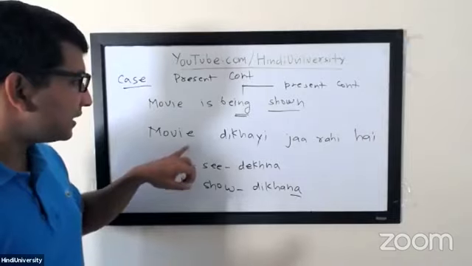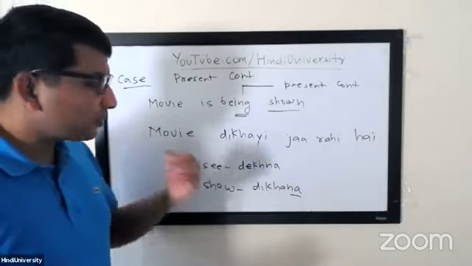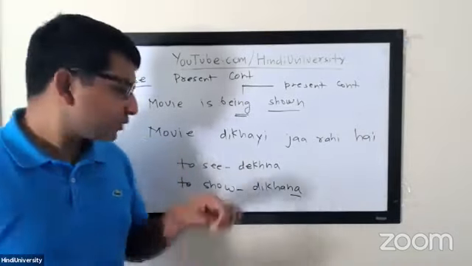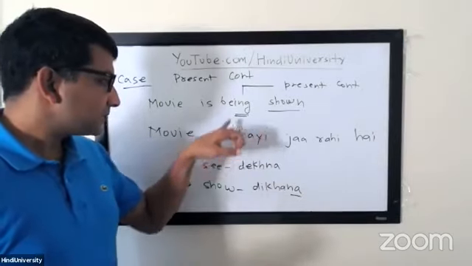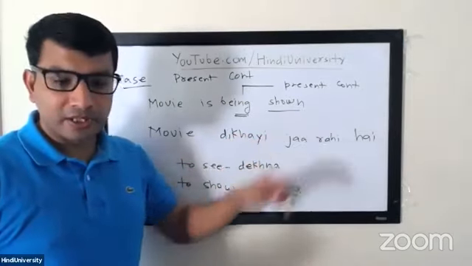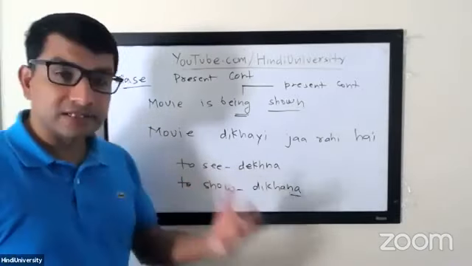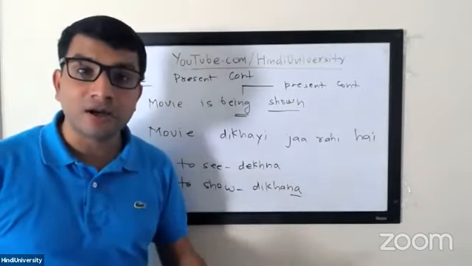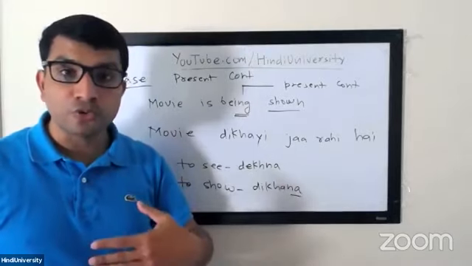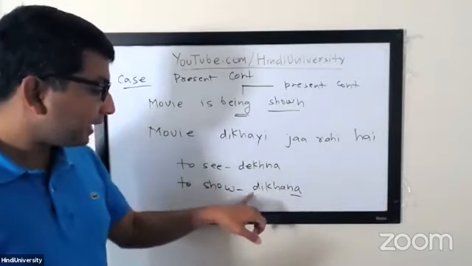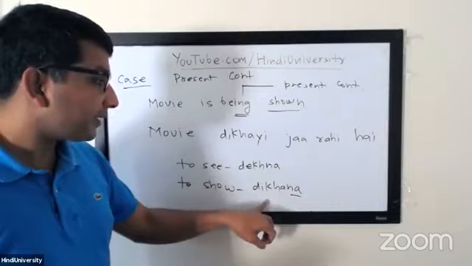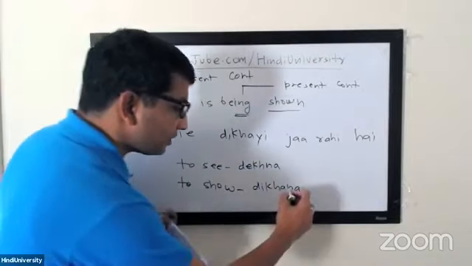Okay. So you see, it was so easy, right? You take the verb, which is in this case to show. You need to know the verb. In the case of to see is dekhna, like मैं movie dekhta hu, versus it's shown to me. To show is dikhana. So what she did was she removed the na.